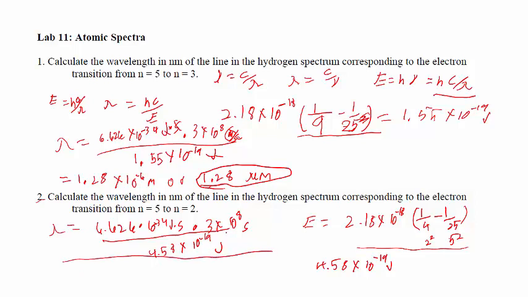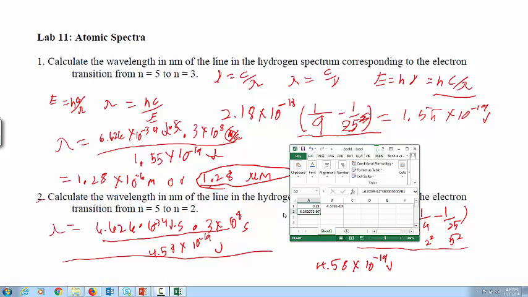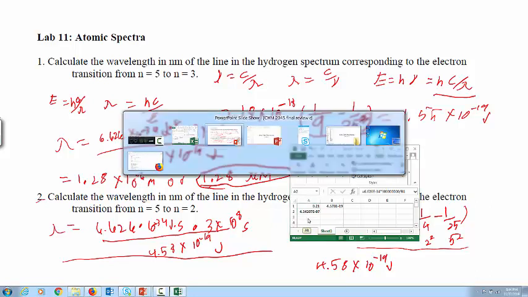And it gives us, when you're done, 4.34 times 10 to the negative 7th meters.